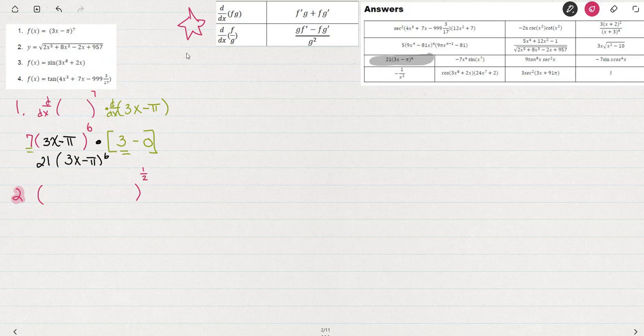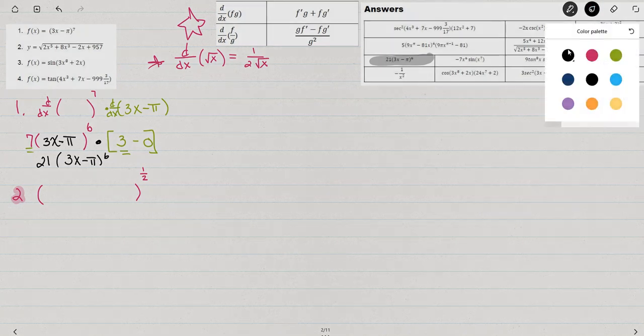Or I could use this fact that the derivative of a square root is 1 over 2 times the square root. Either one of those works. I would recommend, although you don't have to have this one memorized, that you memorize that one just because we use it so often. Like in this case, we're going to be using that.